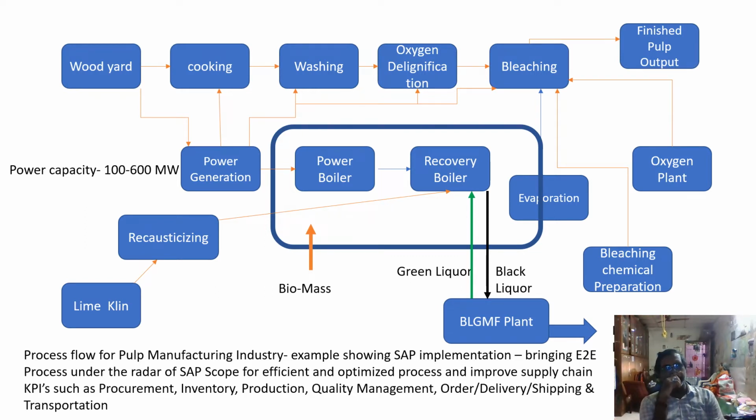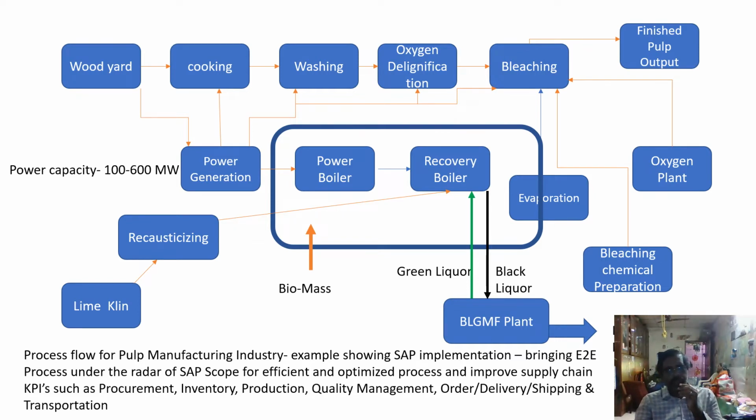Once a process order is released, you are supplying the material, and the required material will be processed in the particular stages or work center, and then converted into a finished good, and you are backflushing the material to the finished wood pulp storage, and thereby the process order is closed. So this is the general SAP implementation in the pulp industry.